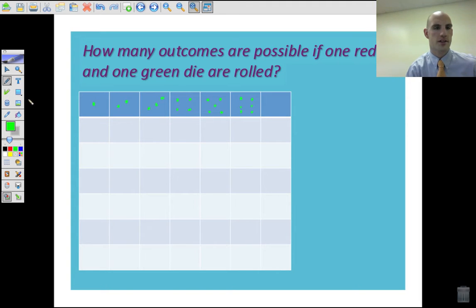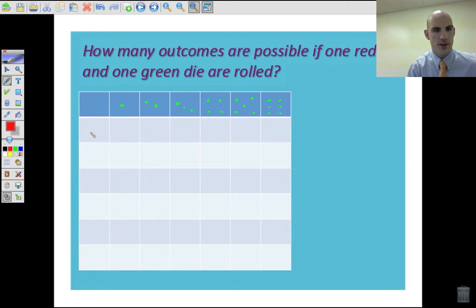In the red possibilities, I could roll a 1. Oops, meant to pick red there. Let's do it like this. Sorry, guys. I'm going to move it over 1. 1, 2, 3. Trying to keep it true to the die, you know, how they have them written. You can go ahead and use the number parts if you want.